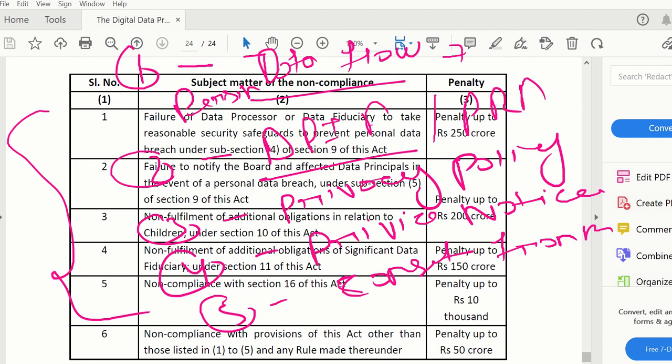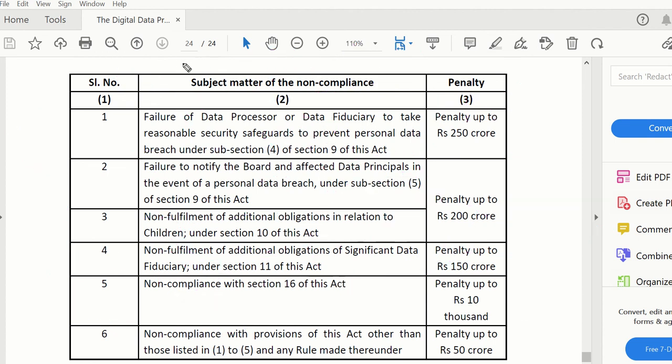Once we have all these things, we need to implement privacy enhancing technology within the organization, which is called privacy by design or privacy by default.